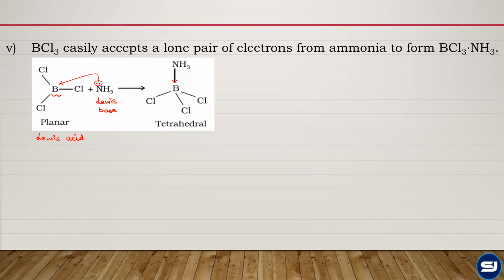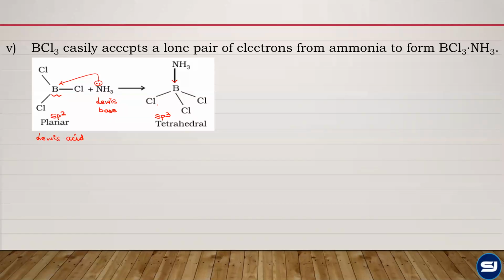Now a question which could be asked: in this reaction, before the reaction happens, what is the hybridization of boron? sp2, and that's the reason it is planar. After the reaction, it has a covalence of 4, because of which now the hybridization is changed to sp3 and the geometry is tetrahedral.